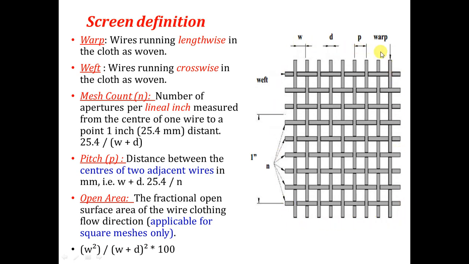Take notes about this, because there is another definition that we will talk about, called non-blanked area. There are two different definitions. The first definition is the open area, but the non-blanked area we will talk about later, inshallah.